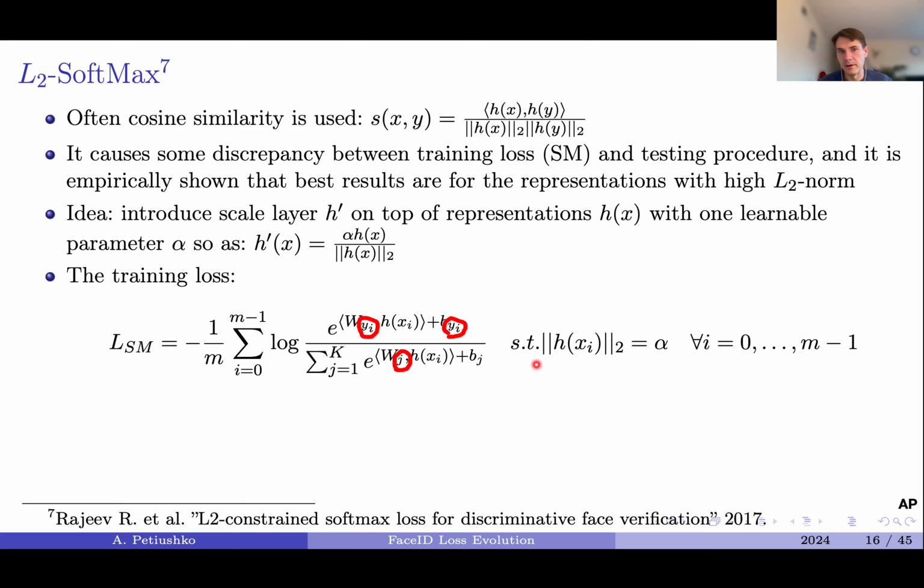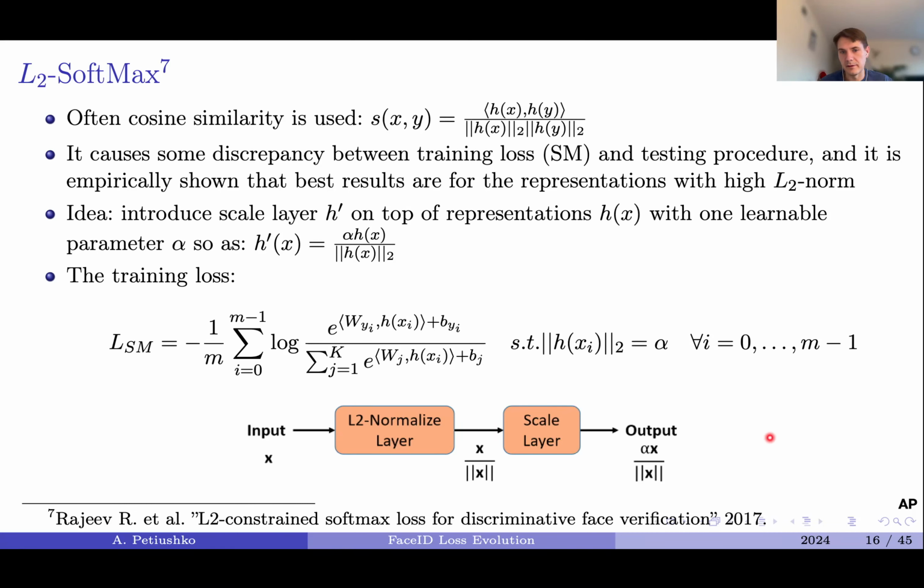But we have this specific layer in such a way that the norm of this h prime equals alpha.